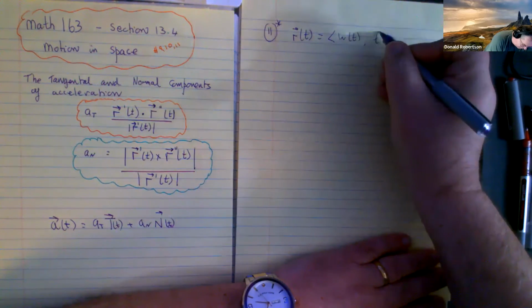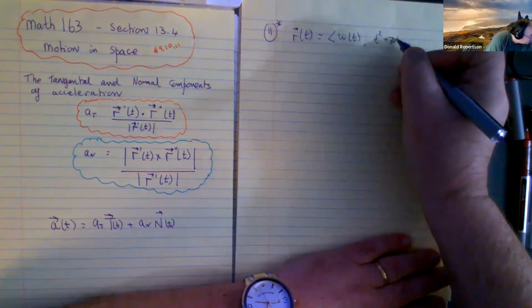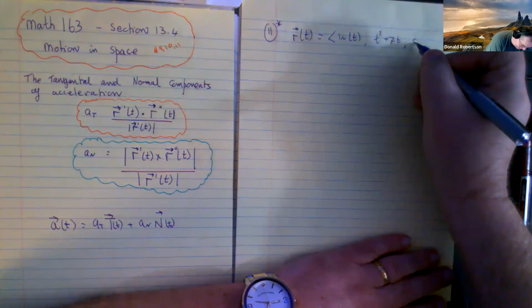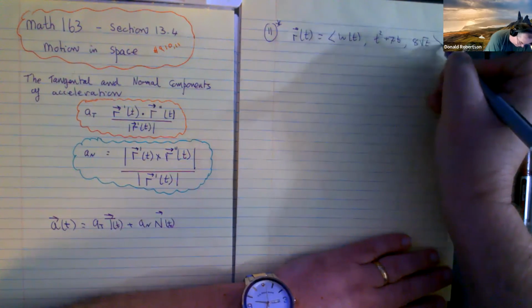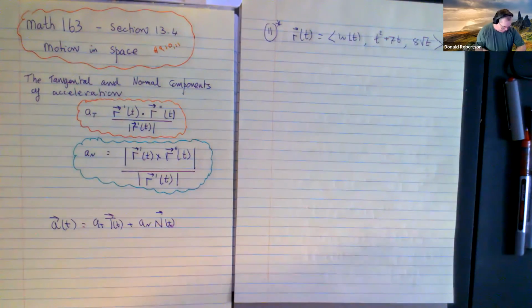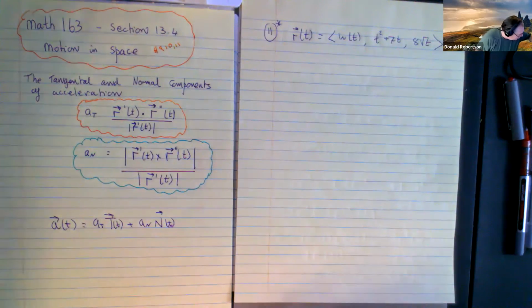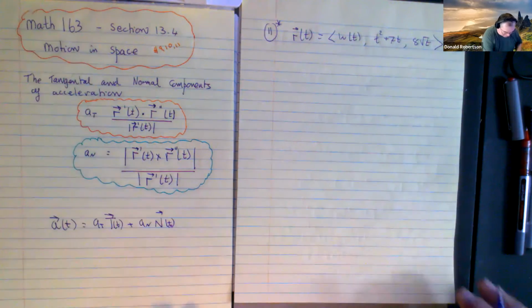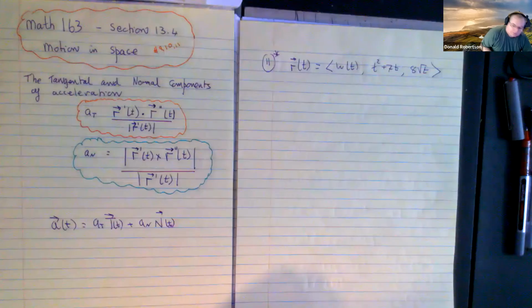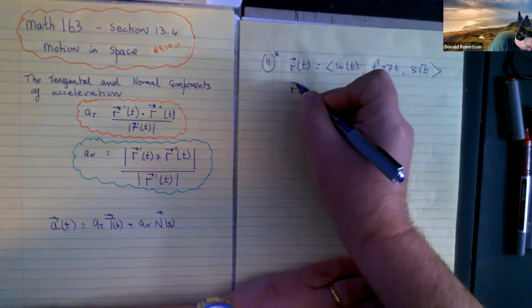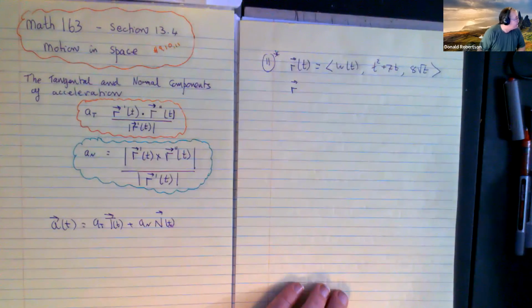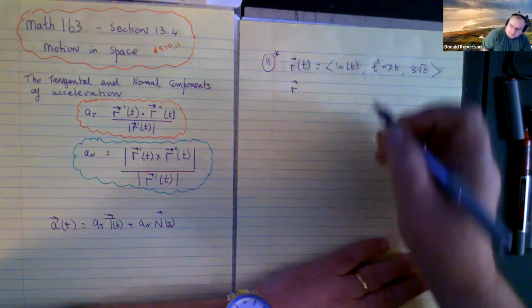It has a t squared plus 7t and then 8 square root of t. We've got 15 minutes, we should make it. It's a lot of work, but hopefully we'll get it done. And do they want it at a particular value?